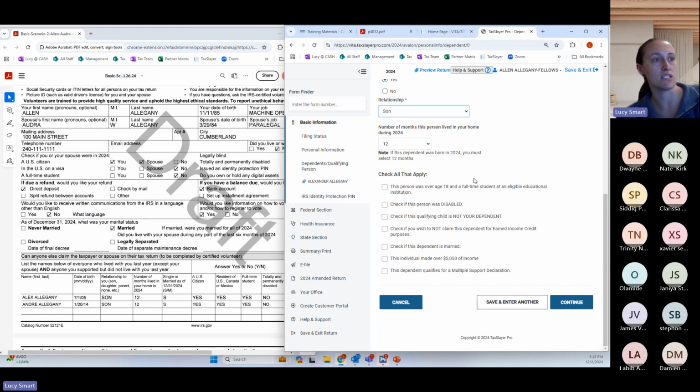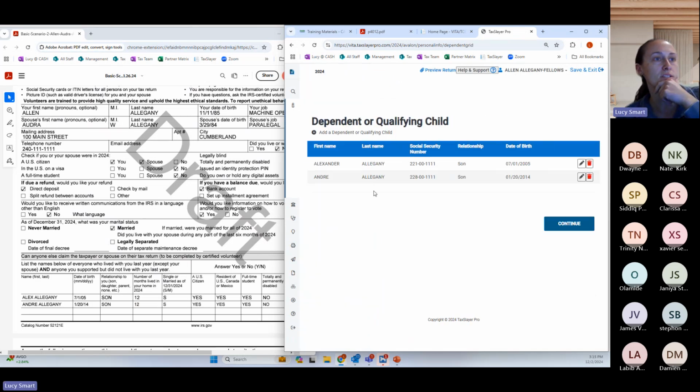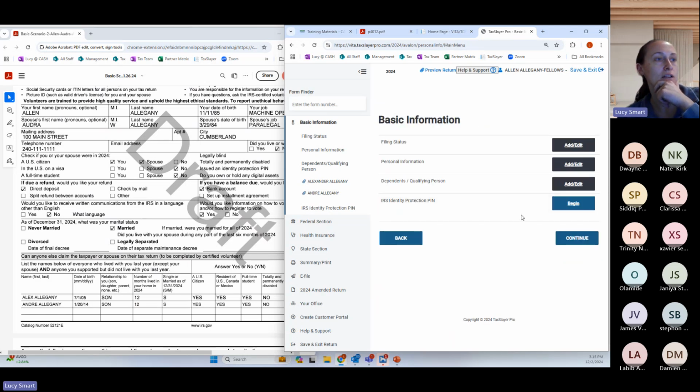And none of the check boxes apply to him. He's not a full-time student and over 18, not disabled. He is their dependent. They're claiming earned income credit for him if they get it. He's not married. He didn't have over $5,050 in income. We can click continue. We'll see both the dependents listed there. We don't need to do anything else here. Then we've got basic information.